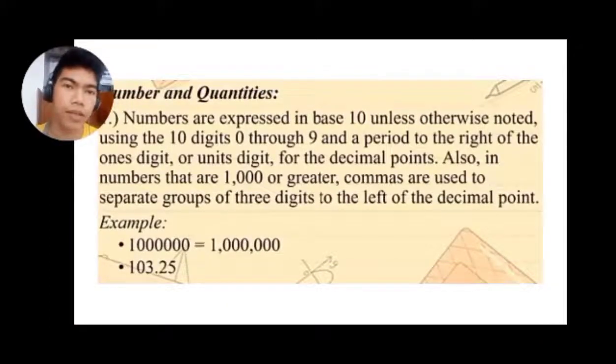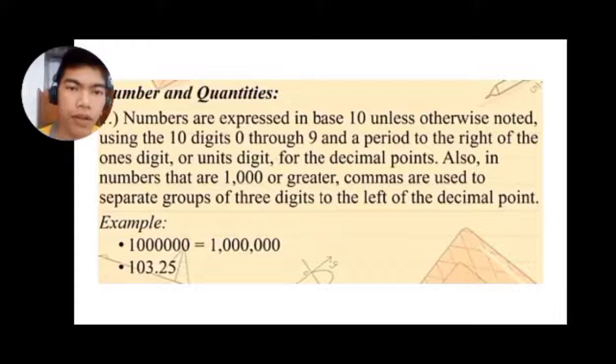Yung parang mga ginagamit sa mathematical convention is numbers and quantities. So, numbers are expressed in base 10 unless otherwise noted, using the 10 digits 0 through 9, and a period to the right of one digit is unit digit for decimal points. Also, in numbers that are 1,000 or greater, commas are used to separate groups of three digits to the left of the decimal point.